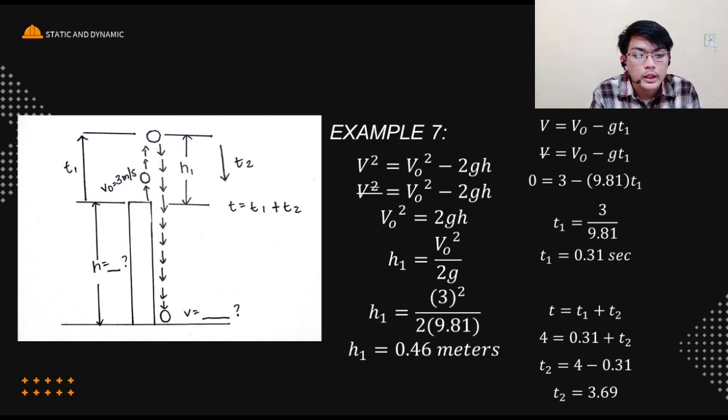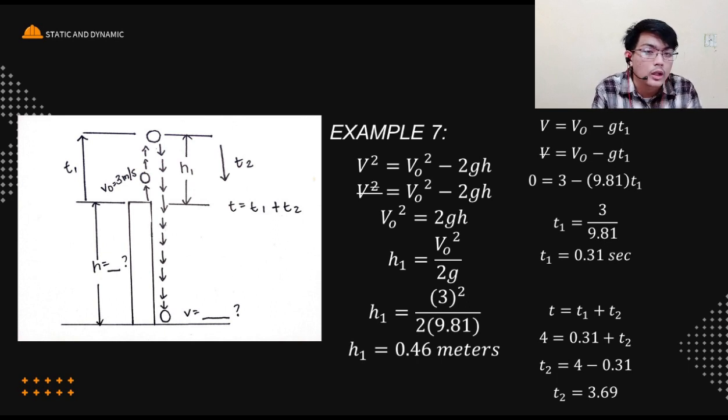And now we are looking for its velocity. Now we have v squared, or final velocity squared, equals its initial velocity squared plus 2 multiplied by gravity multiplied by height. Since our initial velocity here is 0, then we have v squared equal to 0 plus 2g h total. So v equals the square root of 2 g h total.